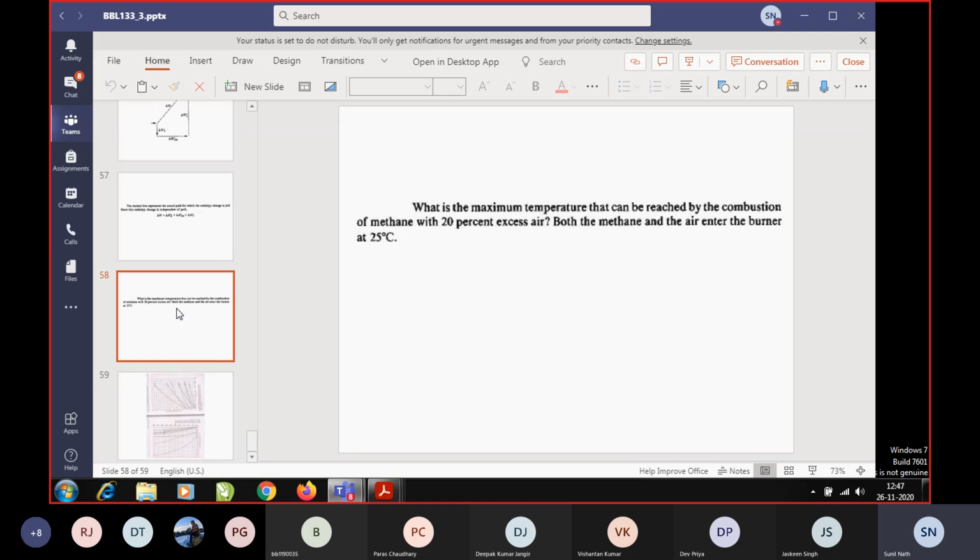You'll be able to find the answer, of course, assuming it's a flow process. Don't forget that when we used the non-reactive balance, normally it was not a flow process, it was a closed system. So Q was equal to delta U there. Here we are taking delta H, because the reactants are flowing in at some rate, just as in the mass balance equations that we solved for a steady state flow process.